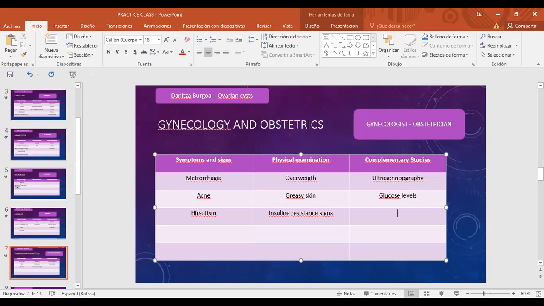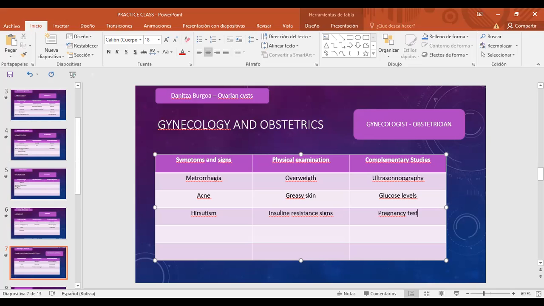Maybe a pregnancy test. Great. Yes, actually, this disease's first differential diagnosis is pregnancy, right? So you are right. Actually, before ultrasonography, we should ask for a pregnancy test.